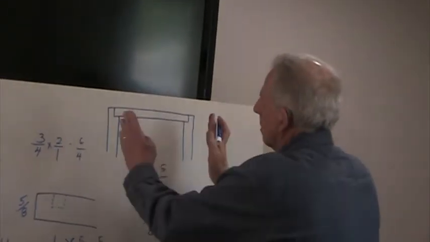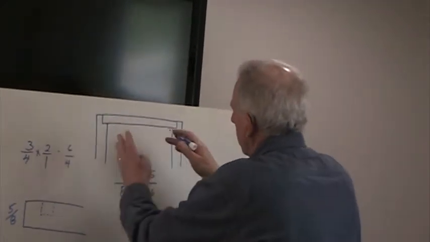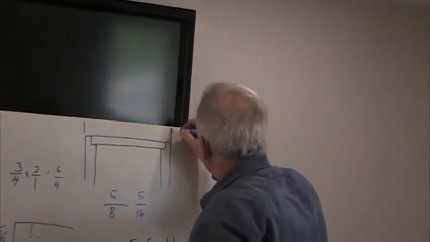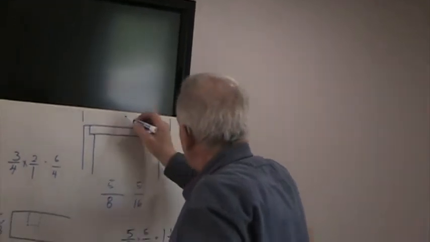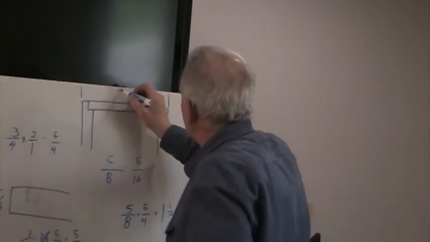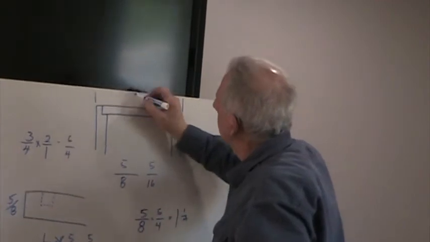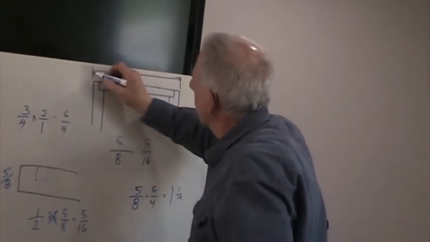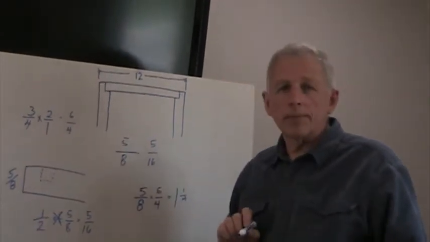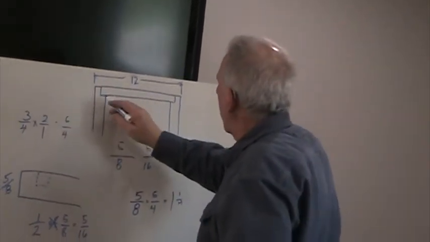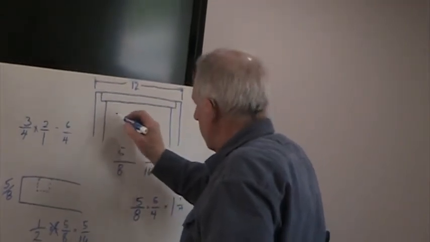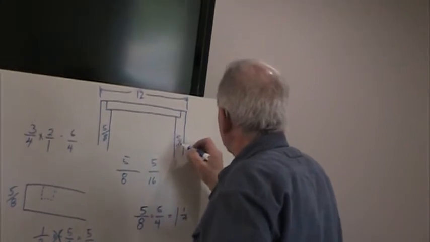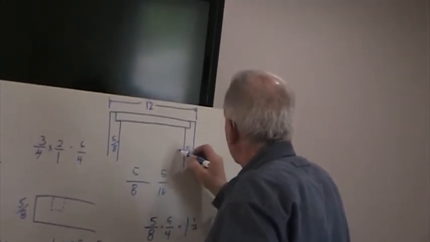I've got 2 side pieces that have a rabbet cut in them, and I've got a piece of wood that fits across here, and I know the overall dimension of this is, let's say, 12 inches. 12 inches from here to here. Well, I need to know how long do I make that piece of wood, okay? Well, the first thing I have to know is how deep this is. Let's say that this lumber is 5/8 thick on either side, the total thickness of the lumber.